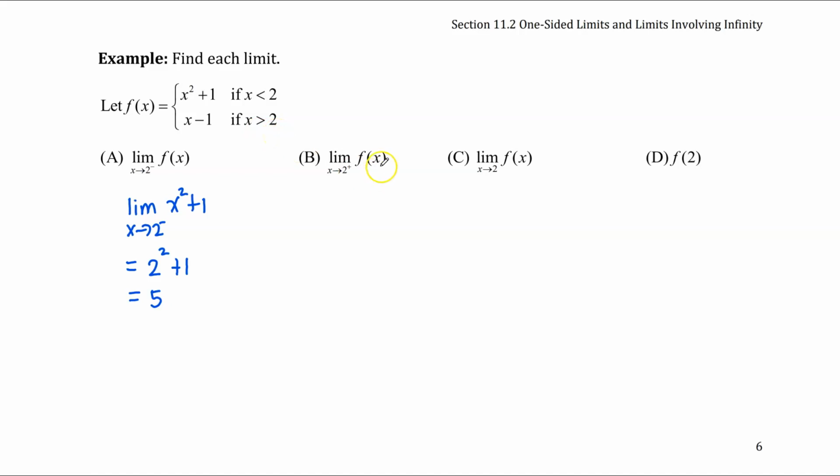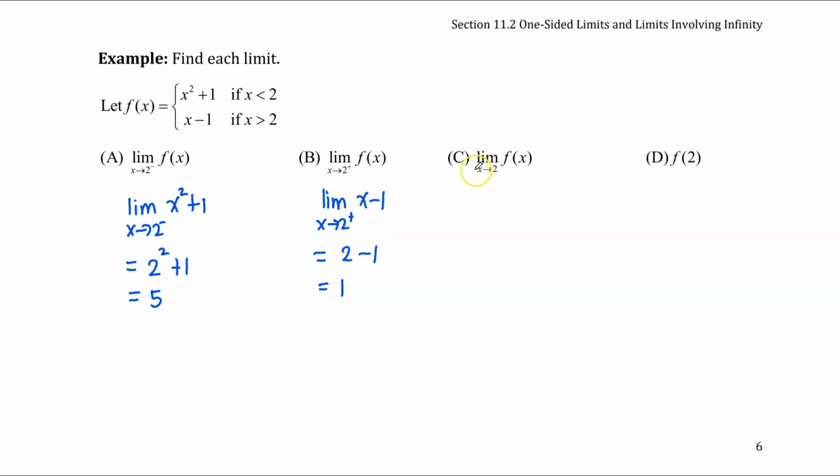So therefore, we replace f of x here by the definition of the function at x greater than 2, which is x minus 1. So we have the limit of x minus 1 as x approaches 2 from the right. And then to evaluate, we just replace x by 2. So we have 2 minus 1, and 2 minus 1 is 1.